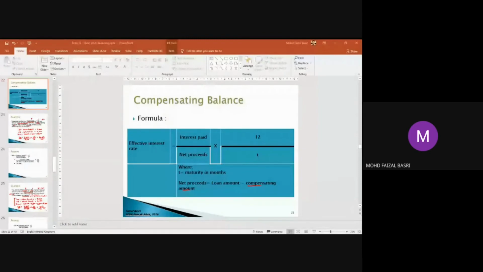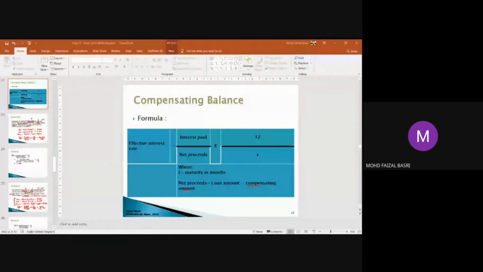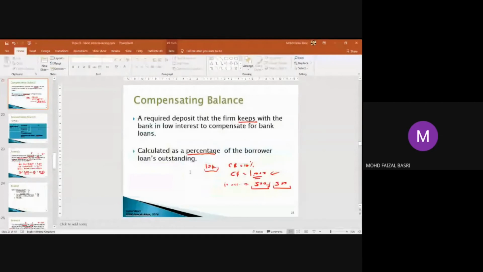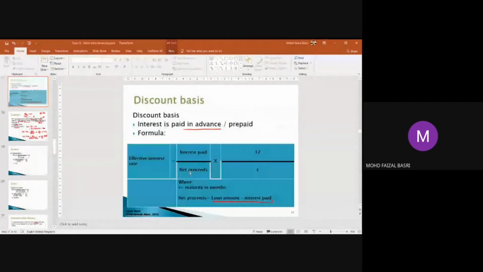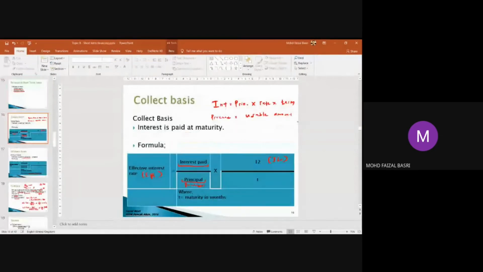Unlike our interest formula earlier, the formula is based on what I wrote first. Oh, the 12 is here.